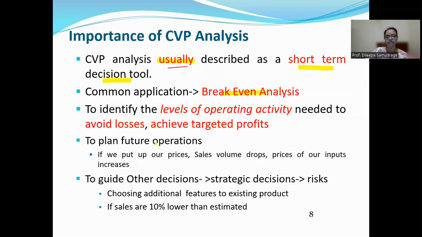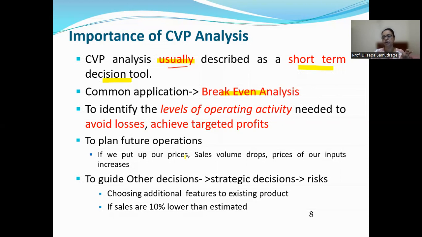And the other point is you can use CVP analysis to plan future operations, right? For example, at the beginning I mentioned sensitivity analysis. In sensitivity analysis, you can find the impact to your profit if you increase your sales volume, if you increase your selling price, or if you reduce your variable cost.